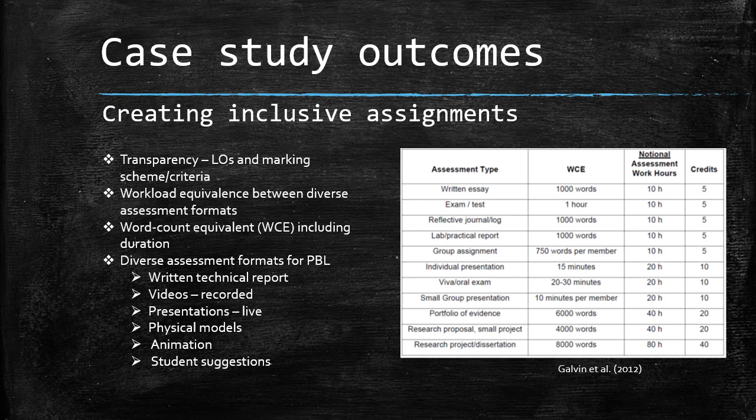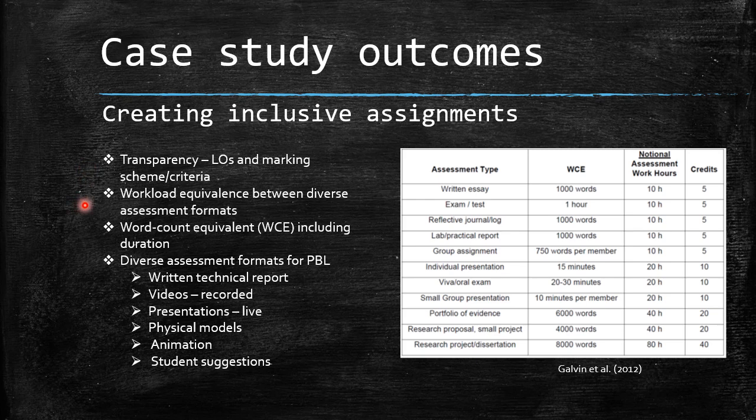So my case study, well, lots of things happened, but I began by trying to create these inclusive assessments and assignments. For transparency, I wanted students to be quite upfront with what I was doing, knowing the learning outcomes, knowing my marking schemes and criteria, and how they apply to all of the assessment types, or all those I could think of. And that was quite difficult because I couldn't think of everything the student might come up with, but I came up with strategies that helped.